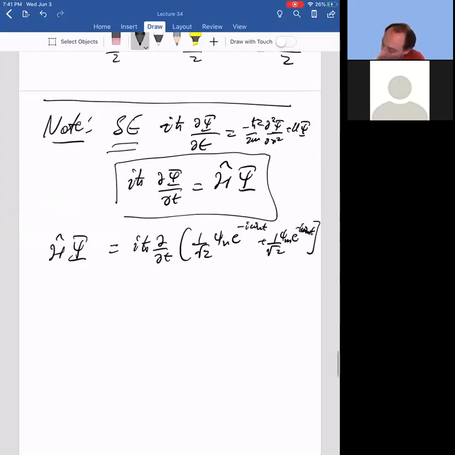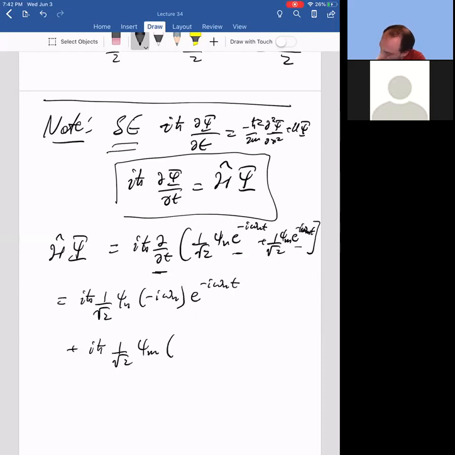Which gives you i h bar times 1 over root 2. Now, the time derivative only acts on these guys. It doesn't act on the spatial part, right? And so you get minus i omega_n times e to the minus i omega_n t plus i h bar 1 over root 2 psi_m. And you bring down that exponent.